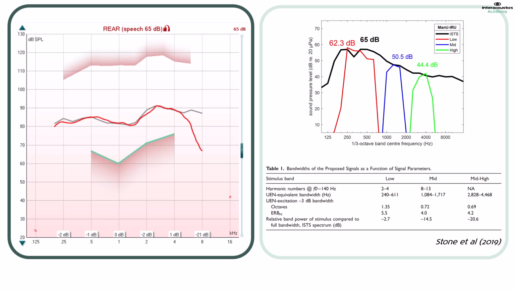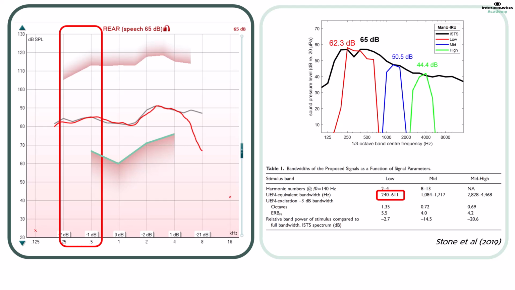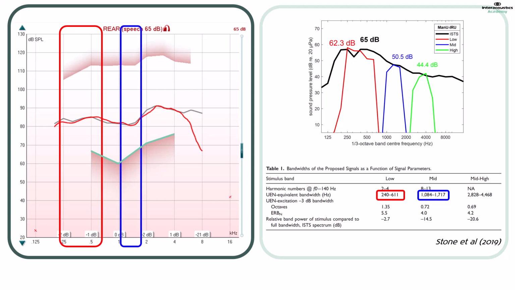Regardless of how well it matches to target, we look at the frequency regions that correspond to the Manu-Iru stimuli. The low-frequency stimulus has a peak bandwidth of 240 to 611 Hz. The mid-frequency covers 1084 to 1717 Hz, and the high frequency spans from 2828 to 4468 Hz.